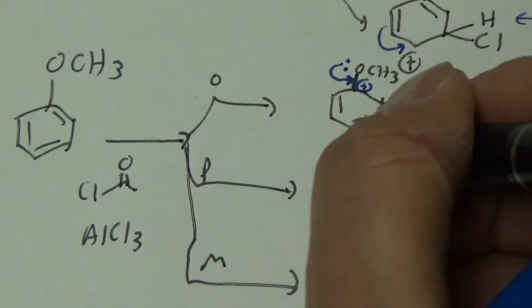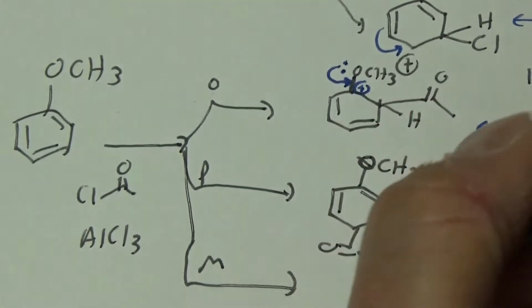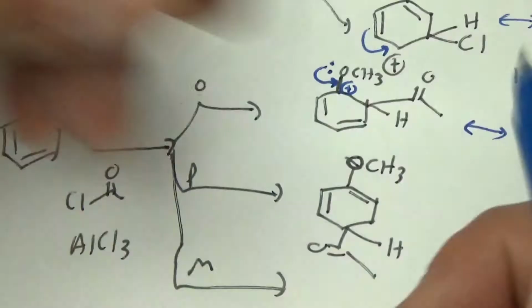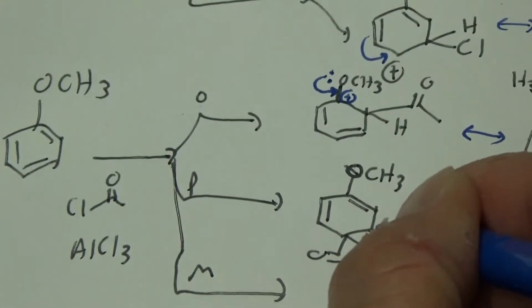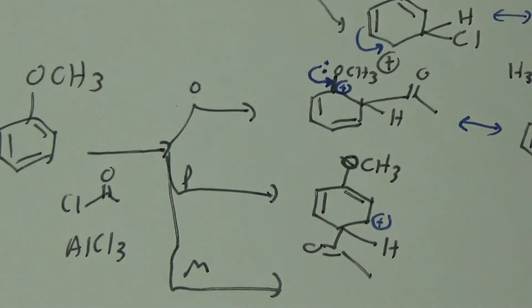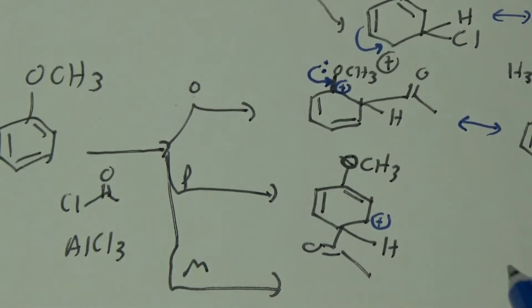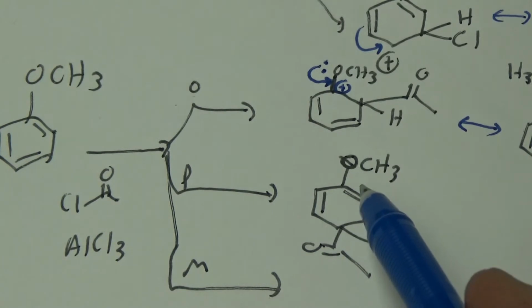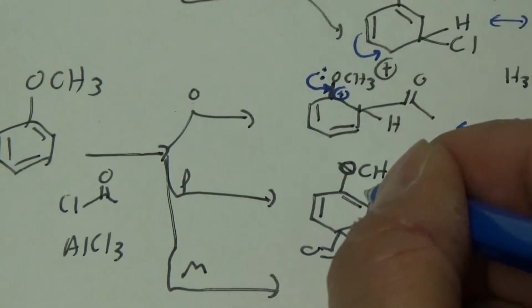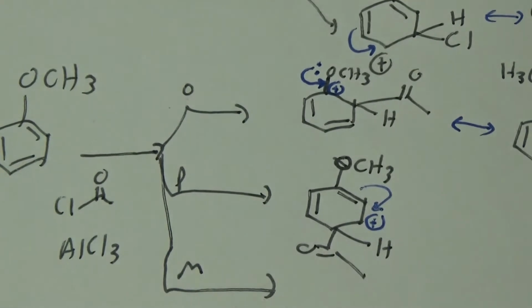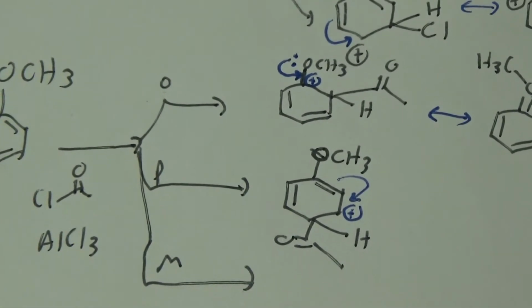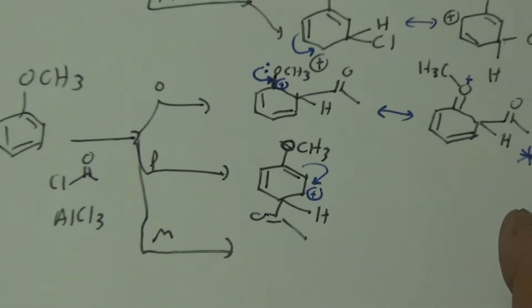Okay, double bond, H, positive charge. And now you ask yourself, is it stable? Well, it's not obvious, so you would resonate, and when you resonate, you see that you have that same thing where the oxygen can totally stabilize the carbocation.